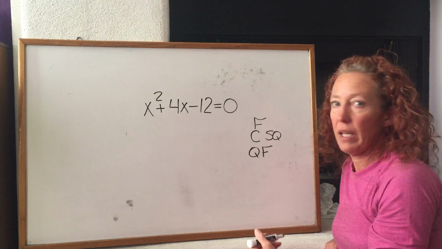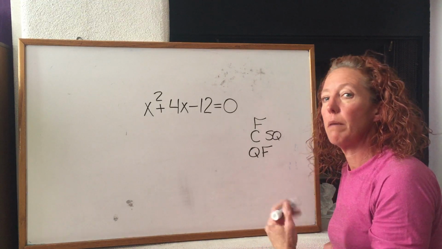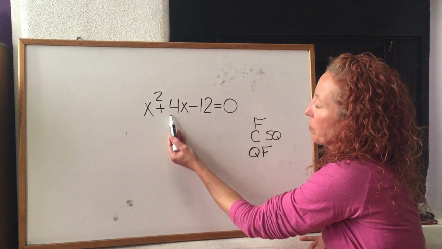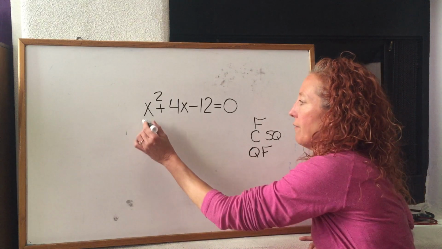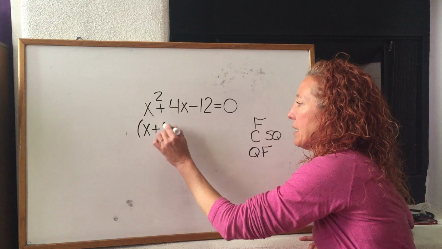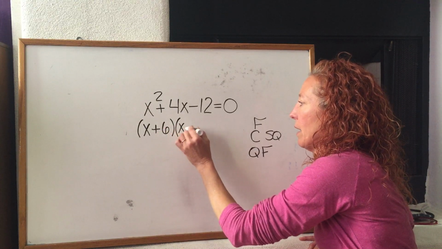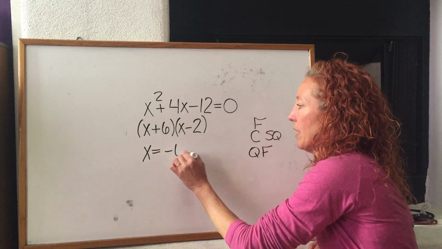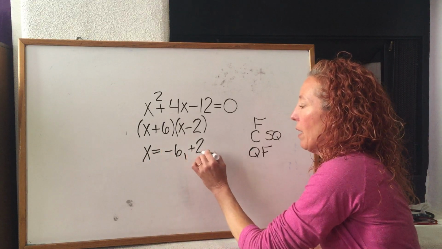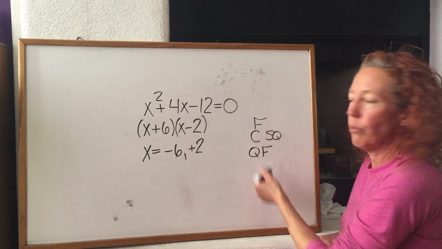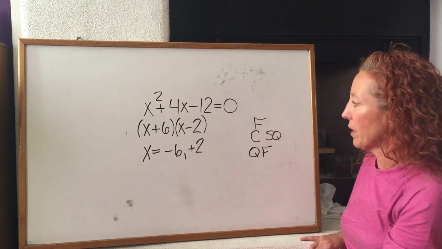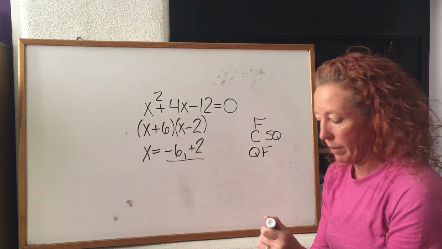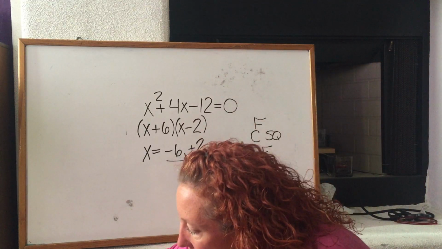That's easiest for me. It might not hold true for you. Two numbers that multiply to -12 that add up to positive 4 are going to be (x plus 6) and (x minus 2). Which simply makes my answers negative 6 and positive 2. And whatever method you use, when you continue to simplify all the way through, those are going to be your answers as well.